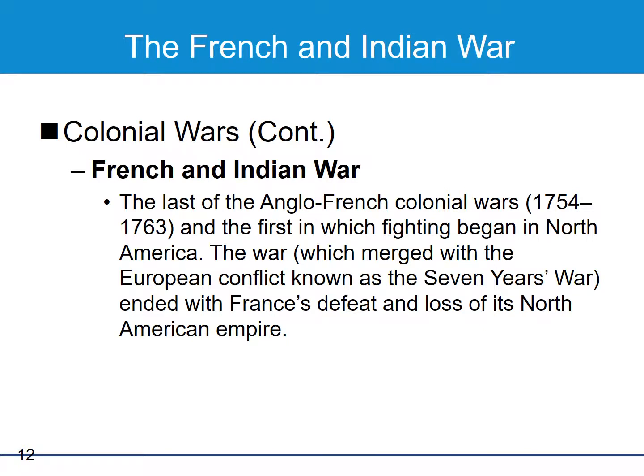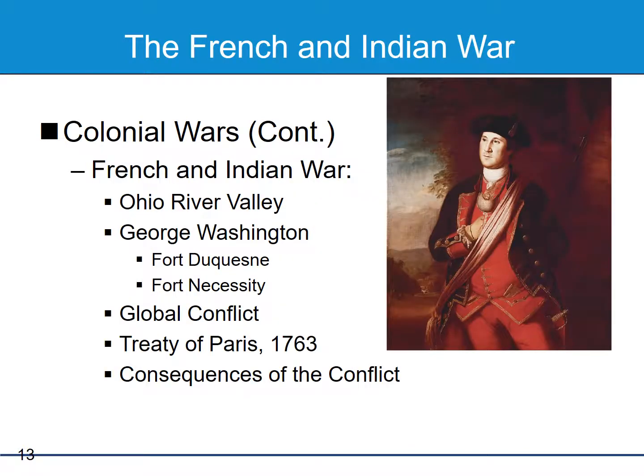There was a rivalry between the French and the British over who would control the Ohio River Valley. And so it actually began here, fighting over who would control that part of North America. And fighting occurred here for 2 years before it spread back to Europe and became known as the 7 Years' War.